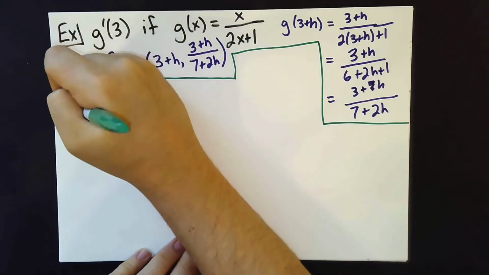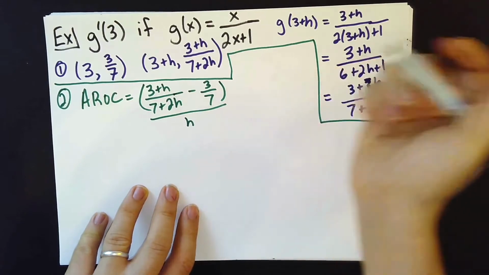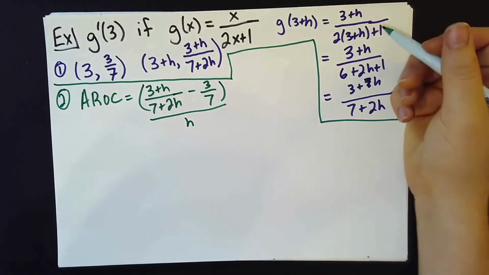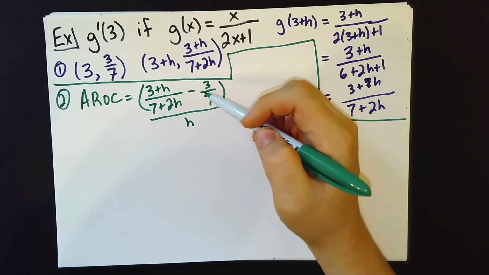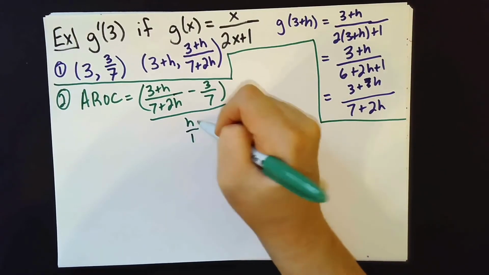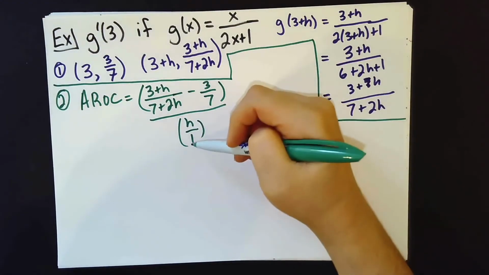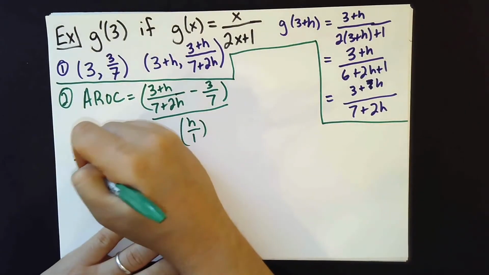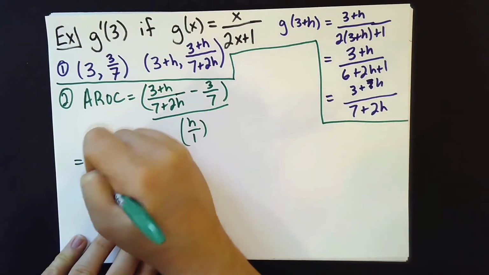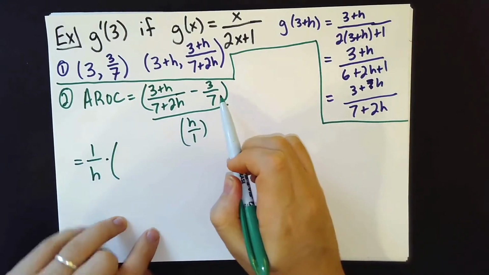Next, we want to calculate the average rate of change between these two things. Okay, so I'm, again, going to first get rid of the h in the denominator by changing it to h over 1 so that I can rewrite this as 1 over h times the thing in the numerator.